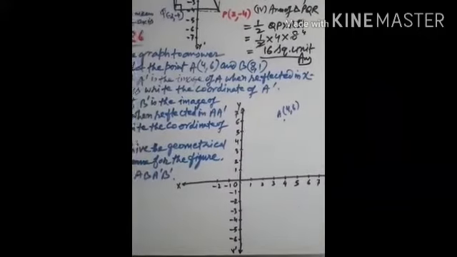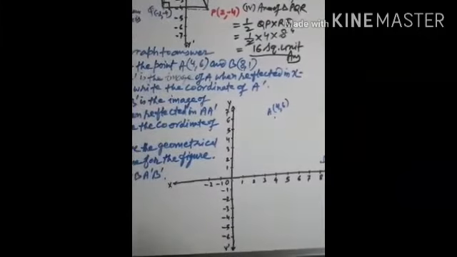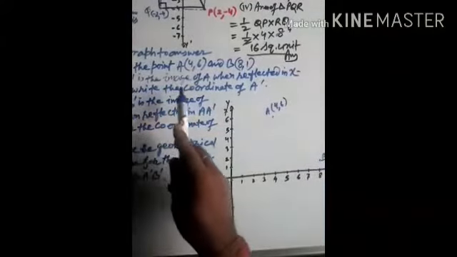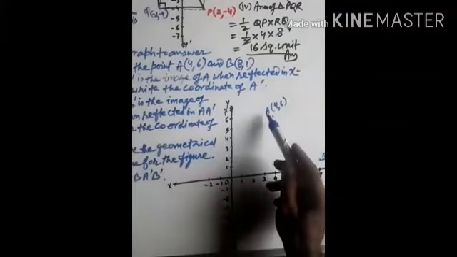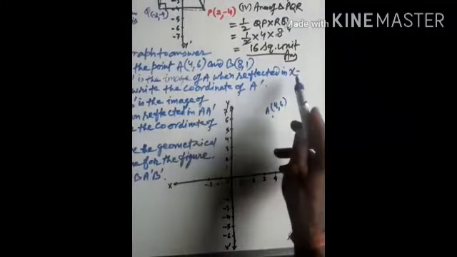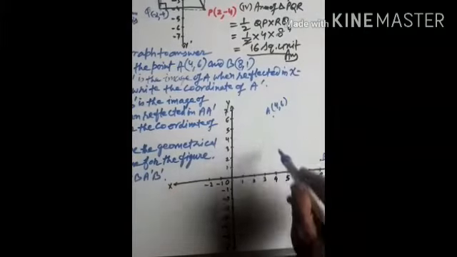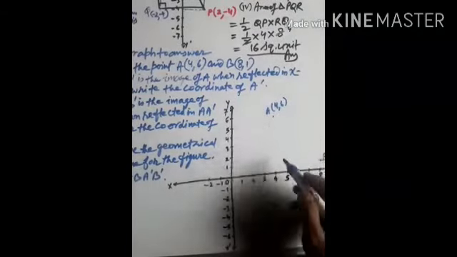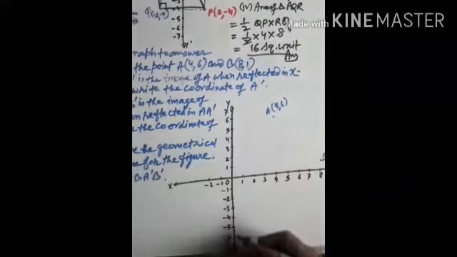Now you have to find the first. Plot these points. You have plotted A and B, and then A dash is the image of A when reflected in the x axis. So when A is reflected in the x axis, the image will be in the fourth quadrant, 6 units below the x axis.